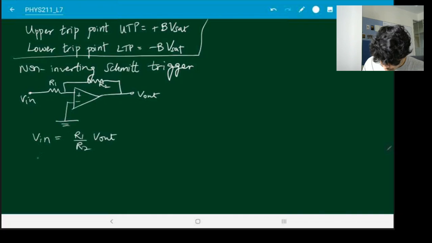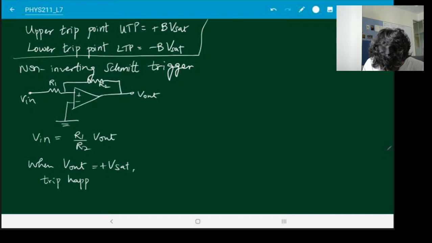And so now when Vout is at plus Vsat, your trip happens when Vin is equal to minus R1 by R2 Vsat, right?